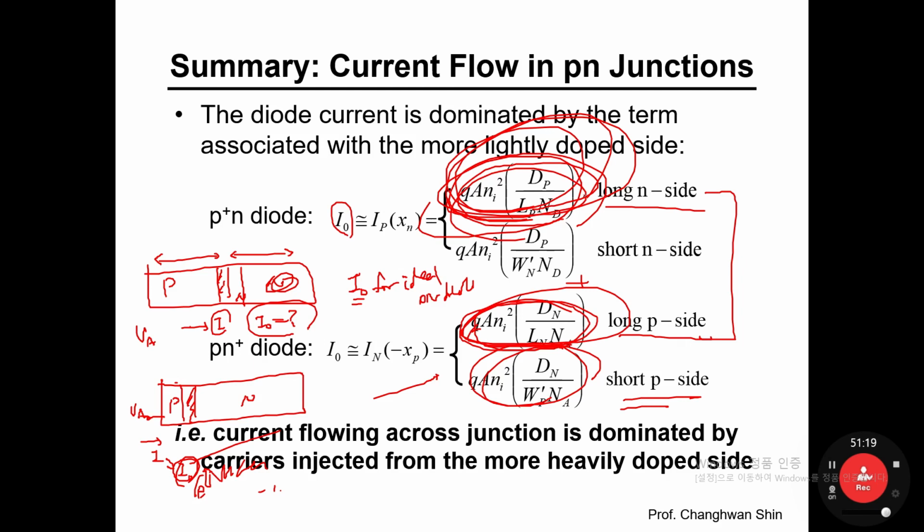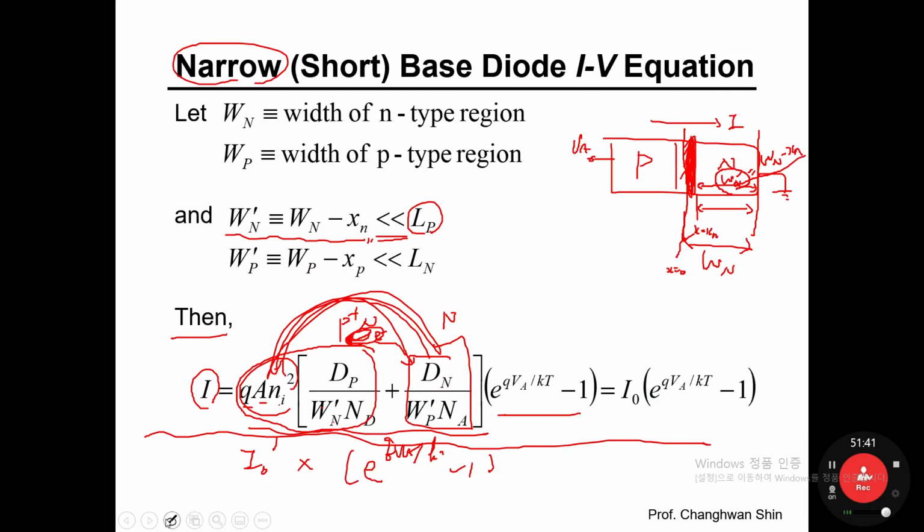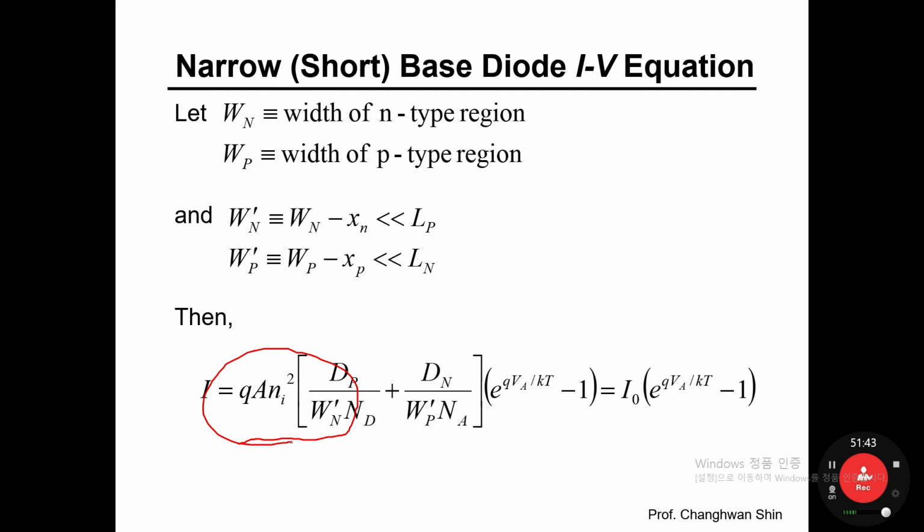What if both sides are very aggressively scaled down, short N side and short P side? Then your saturation current I naught consists of two terms. Which one? Yes, this plus that. So that is well written here. But still, the original form of the ideal diode analysis has been well kept.